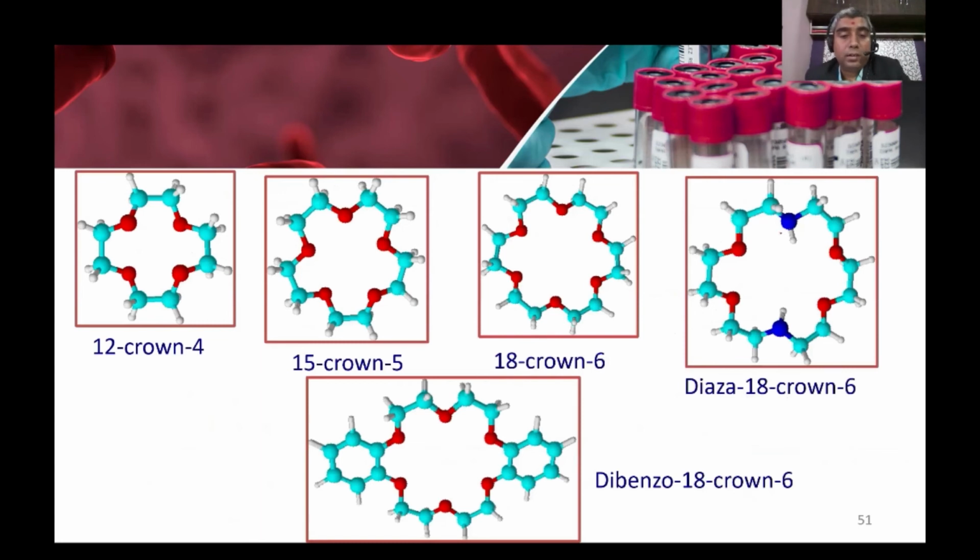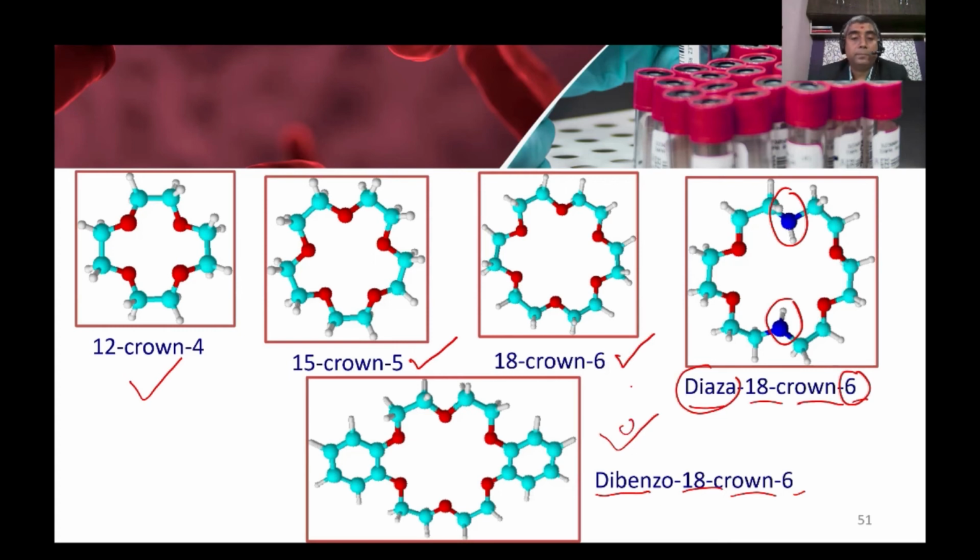These are other derivatives of crown ether: 12-crown-4, 15-crown-5, 18-crown-6. Diaza-18-crown-6 means that of the 6 heteroatoms, 2 are nitrogen. And the first compound is dibenzo-18-crown-6, which was synthesized first in the laboratory.